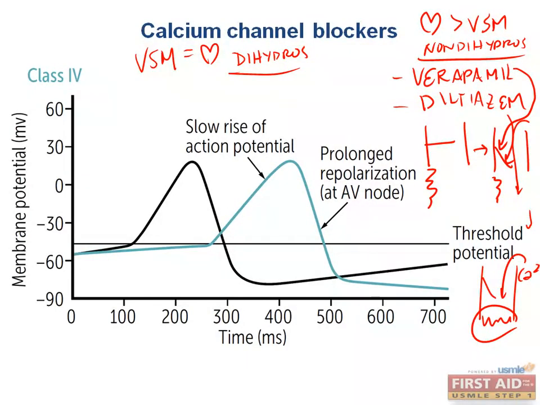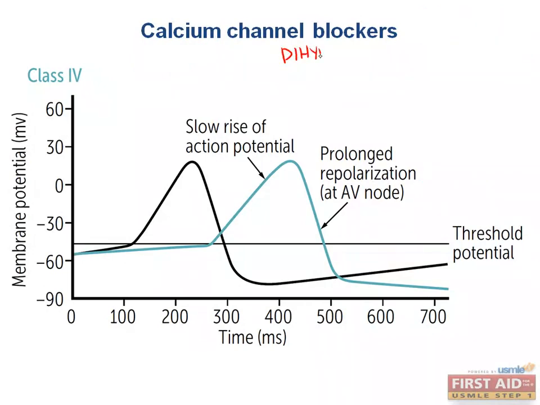As you can see in your first aid text, verapamil is the most selective for the L-type calcium channels in the myocardium, which is closely followed by diltiazem. So the dihydropyridines all end in D-I-P-I-N-E, and this makes sense because they are dihydropyridines. So dipine is a great way to identify which ones belong to this particular group of dihydropyridine calcium channel blockers.